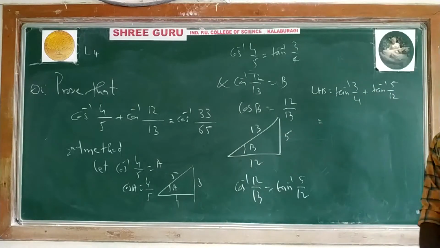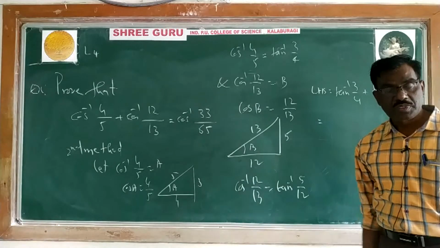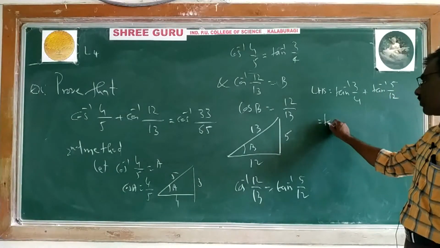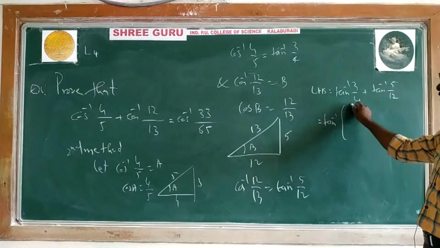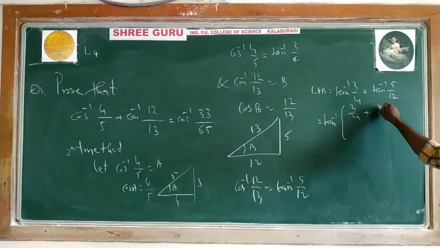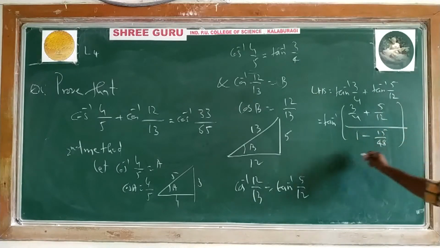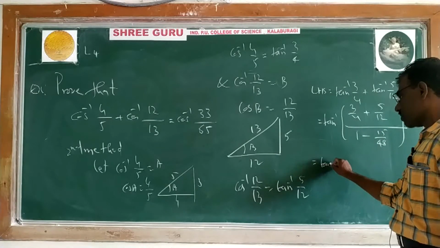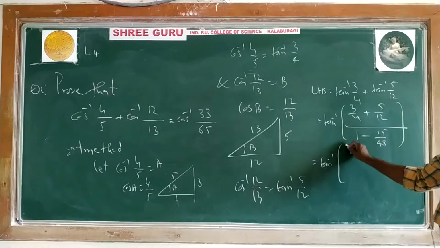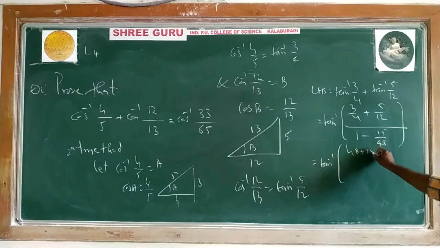Now go to the property of tan inverse of x plus tan inverse of y, which is tan inverse of x plus y by 1 minus xy. So tan inverse of 3 by 4 plus 5 by 12, divided by 1 minus 15 by 48.